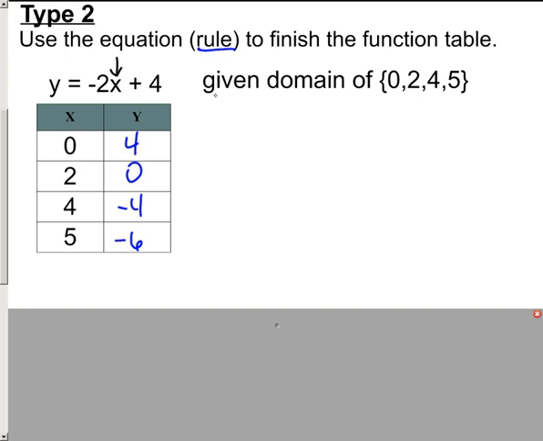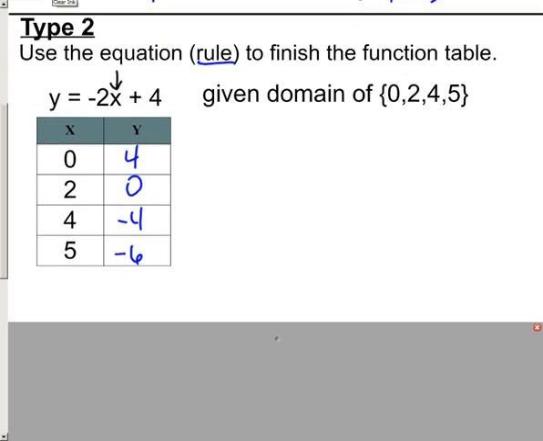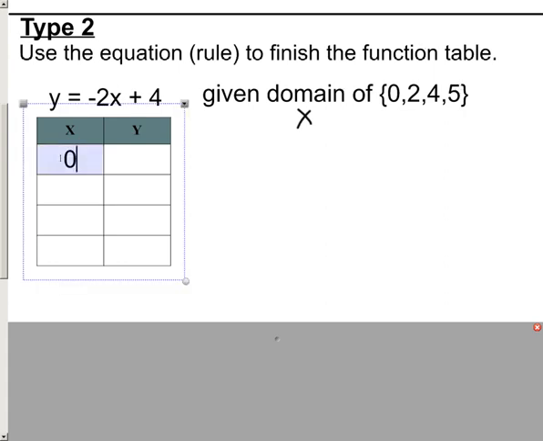Now, sometimes they're not going to give you that information. They'll give you a blank table, and they'll say, here's our domain. Well, remember, domain is the same thing as x. So these are my x values. And that's the reason you could come straight in and put in your x values. And then it's very simple. It's the same thing we've done before.